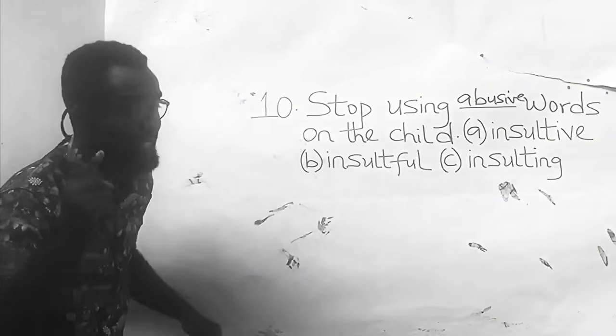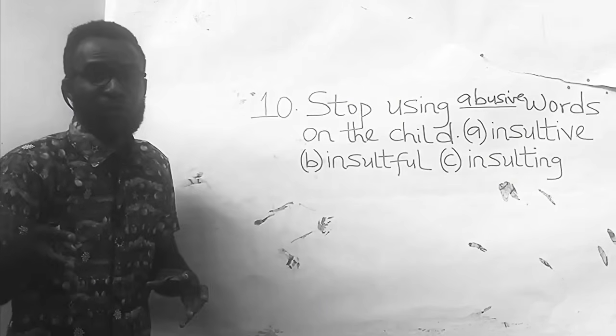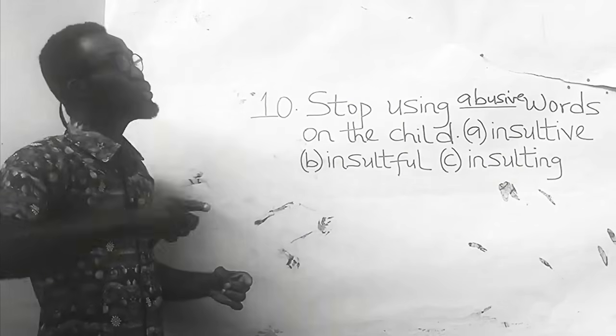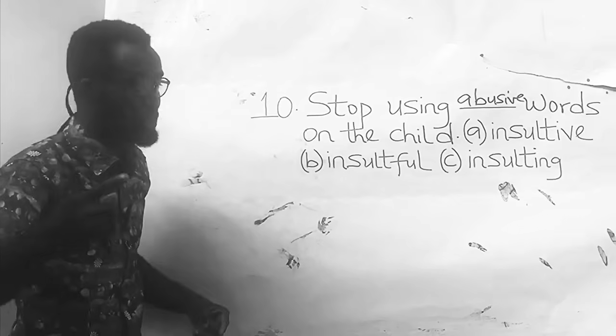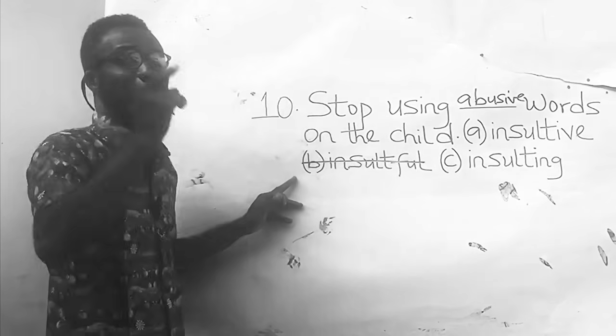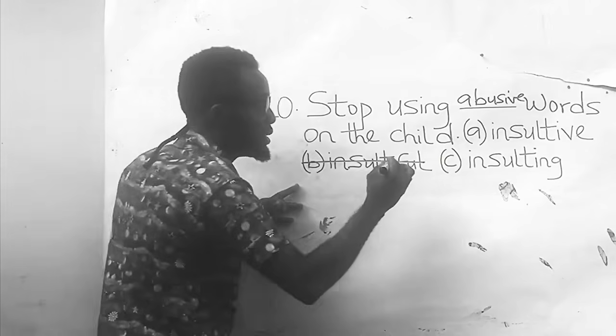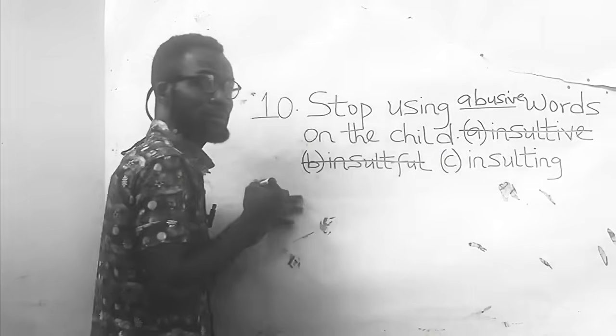Please note that if a word or a person is abusive, we do not say that word or that person is insultful. Neither do we say that it is insultive.